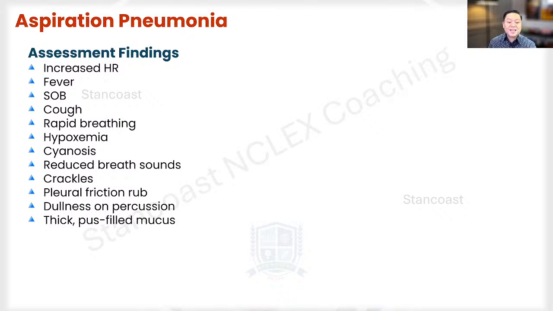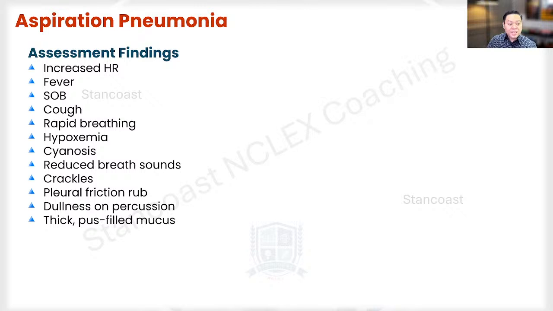When there is an invading substance, let's say in the form of aspirated food or fluid, when it lodges into those airways, this can cause the migration of neutrophils. It can also attract other chemical mediators that will try to fight off the invading substance. And this is really going to cause some problems if we are not treating this patient in a timely manner.